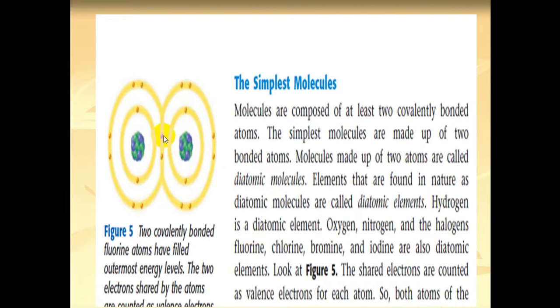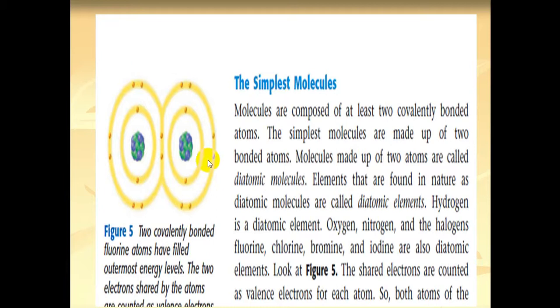Atoms have filled outermost levels, like here. The fluorine has 7 electrons, and this also has 7 electrons. So what happens? Each fluorine atom shares 1 electron in the middle. So in this case, if we count here, we will have 8 electrons, and also here we will have 8 electrons. And in this case, the two fluorine atoms will be satisfied because every one of them has 8 valence electrons, and this will make the atom stable.